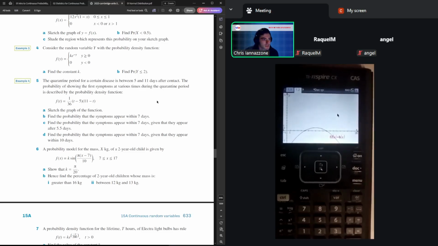Think about the significance of the statement: the quarantine period for a certain disease is between 5 and 11 days after contact. Would it be greater than X? Say again, sorry? Would it be greater than X because doesn't everything have to be positive? Everything has to be positive, yes, so it has to be fully above the x-axis.